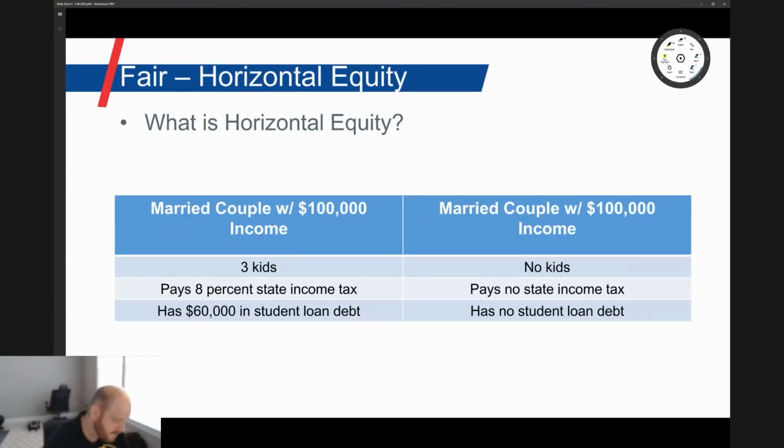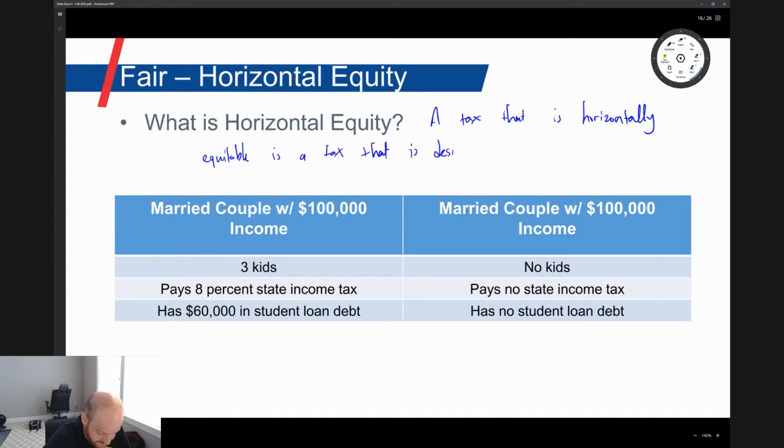Well, horizontal equity is, so let's say this, a tax that is horizontally equitable is a tax that is designed so that people with the same ability to pay owe the same amount.